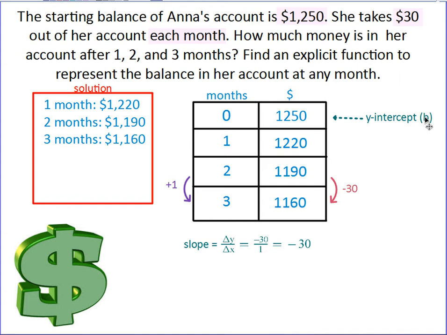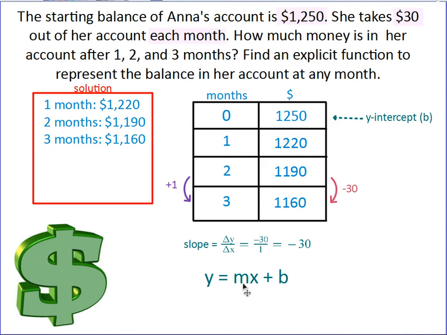The y-intercept, or b, comes from where x is 0. So we have our starting value of $1,250, that's our y-intercept, and our slope of -30. And we're going to use slope-intercept form, which in my opinion is the easiest of all linear equations.